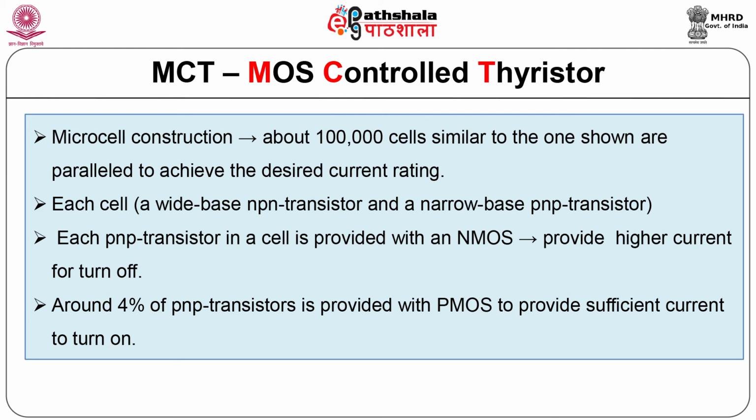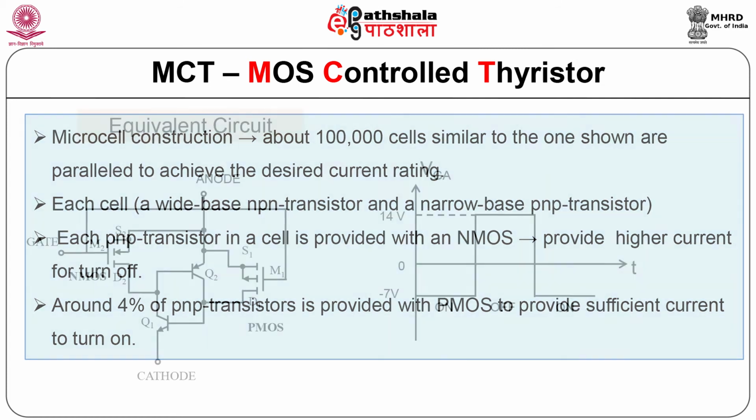It is a must to provide higher current for turn off. Only around 4% of PNP transistors are provided with PMOS, because to turn on, the current requirement is not high.